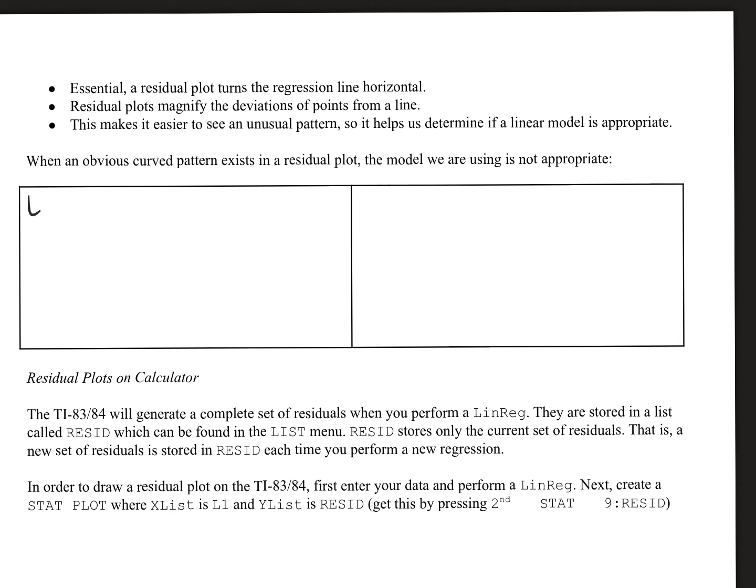So for example, we could have curved. It doesn't matter what x and y are. So we have our residual. If we had a bunch of residuals that ended up looking curved, like a parabola in the positive or negative, it could be opening down as well, that would tell us a linear model is not a great fit for the data. You can also get something called fanning.